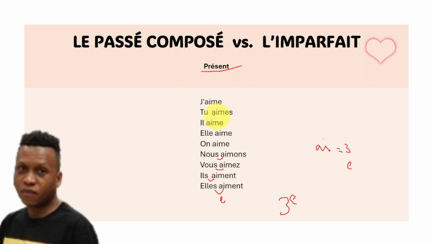All right, so one more time. J'aime, tu aimes. This one sounds like aime, il aime, elle aime, on, when I link here, on aime, nous aimons, vous aimez, ils aiment, elles aiment. It's okay. All right. This one we're using temps présent.